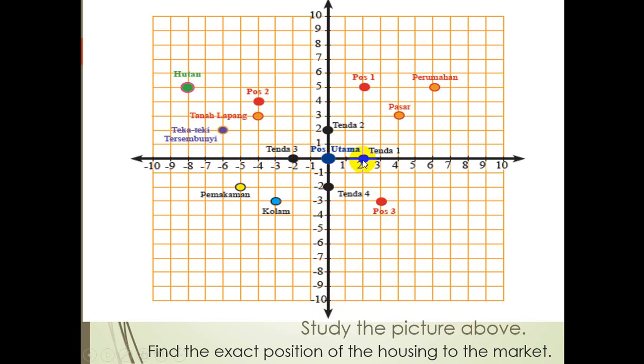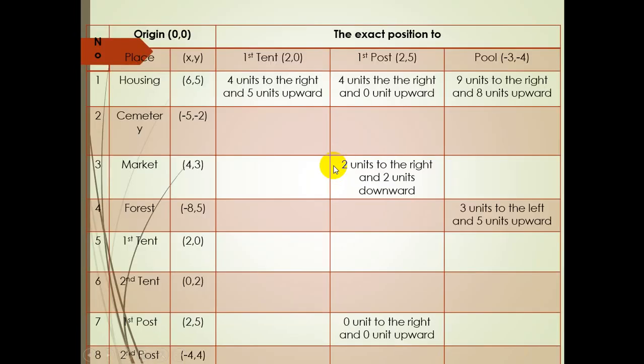Okay, this one and the housing, right? See this one? Yeah, the housing is 6,5. So 4 units to the right and 5 units upward.